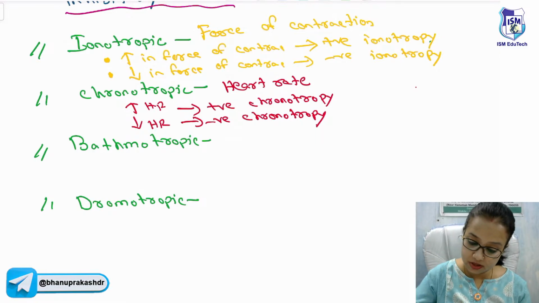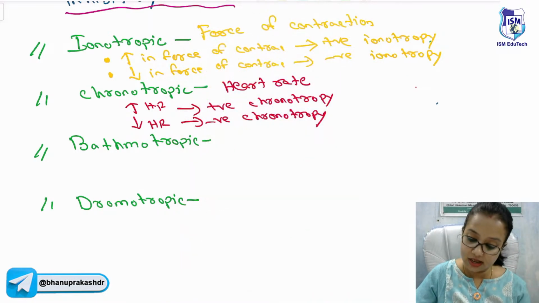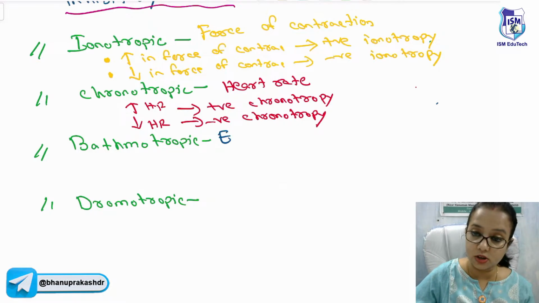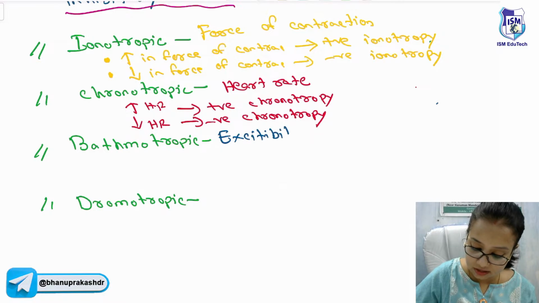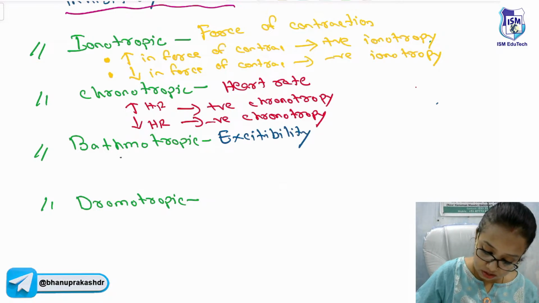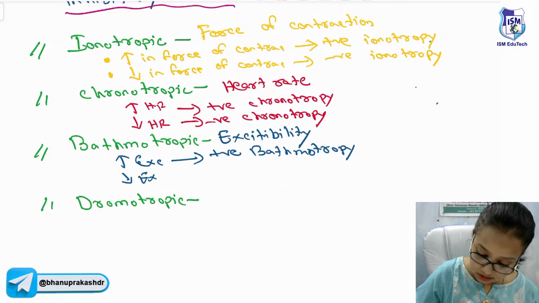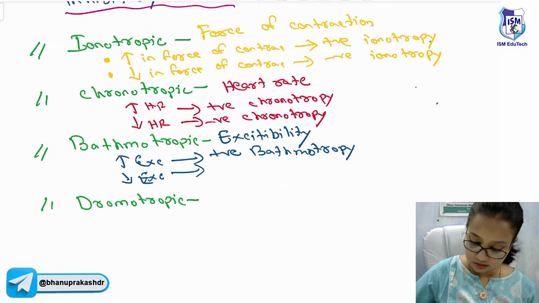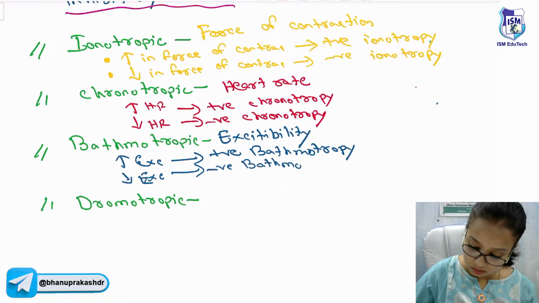Bathmotropy means the excitability, like how fast the cells are excited. So these cardiomyocytes, right? The cardiac cells. It is excitability. So increase in excitability is positive bathmotropy. Similarly, decrease in excitability is negative bathmotropy.